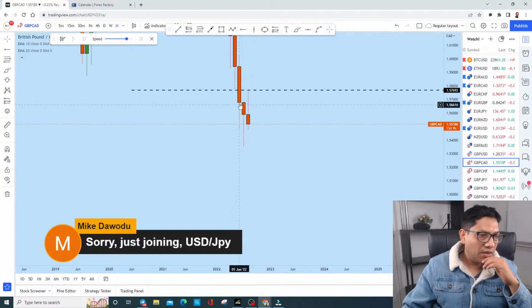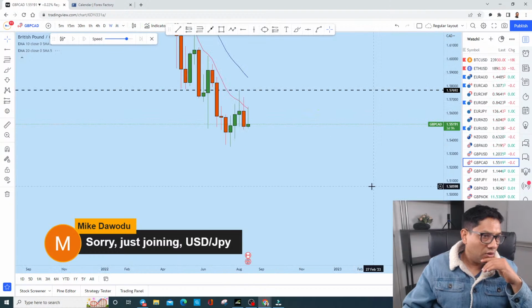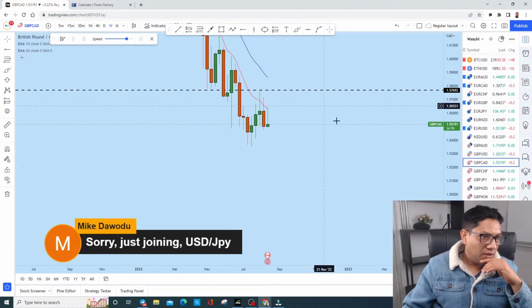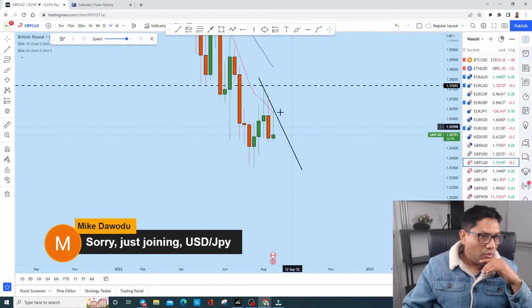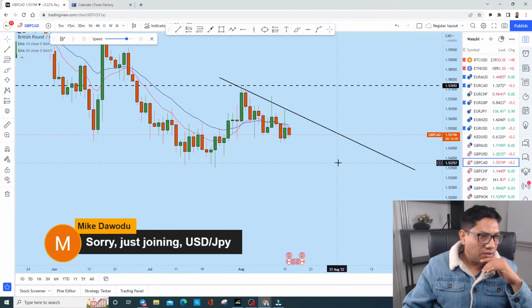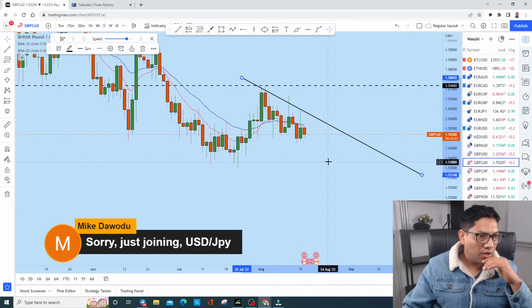Okay, there is a monthly pin bar, a hanging man, and then the price broke this dodgy top, and now we see rejection on the weekly perspective. The price already respected this weekly trend line. You see a nice looking trend line on GBP CAD. So let's draw this trend line. Now we can expect a drop on GBP CAD. The price is doing accordingly.